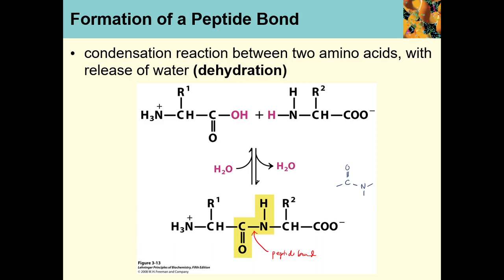Therefore, in the condensation reaction of amino acids, you are forming an amide bond, and all peptide bonds are called amide bonds. So that is the basics of how amino acids polymerize, or how they connect with each other.